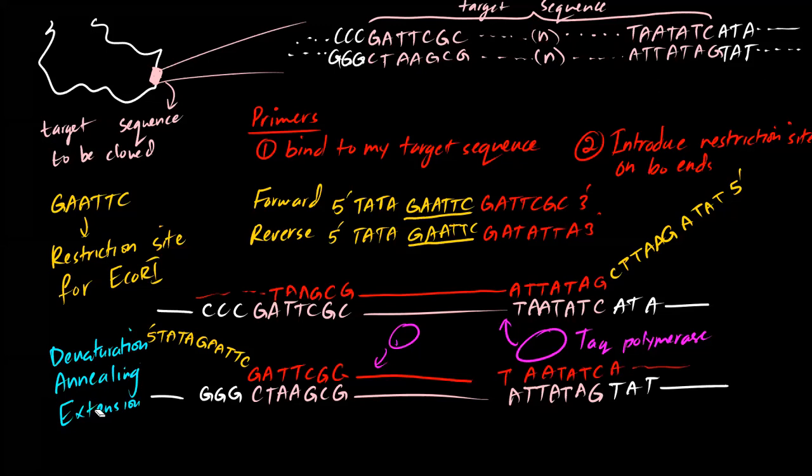And if this denaturation, annealing, extension is repeated many times, let's say 25 times, using these primers, at the end, what we will have are PCR products like this. I'm not going to write the sequence.